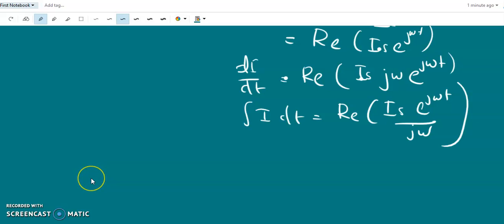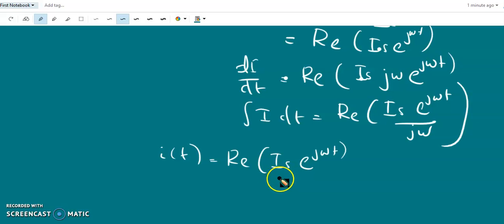Once the phasor is known, the corresponding instantaneous expression can be found as I of t equal to the real part of Is into e to the power j omega t, where Is is the scalar phasor here.